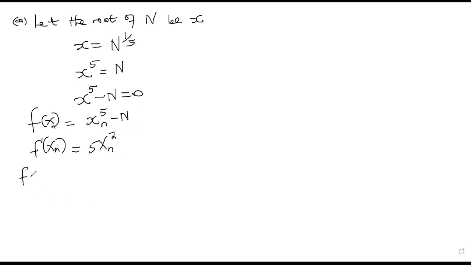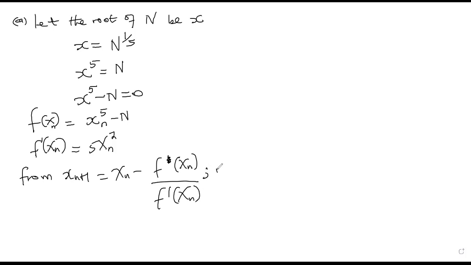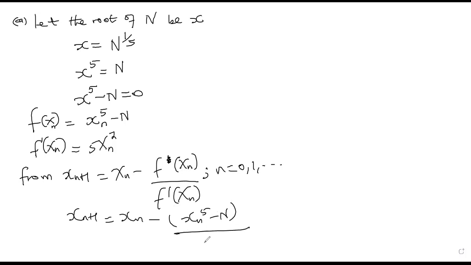So if you substitute, xn plus 1 is equal to xn minus f of xn over its derivative, for the values of n equal to 0, 1, and others. It means that xn plus 1 is going to be equal to xn minus the function, which is xn power 5 minus n, divided by its derivative. Derivative is 5xn power 4.